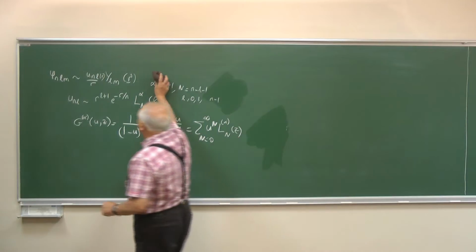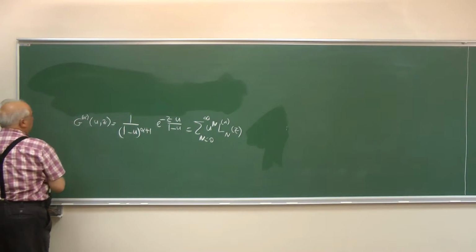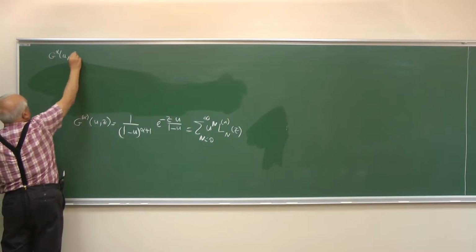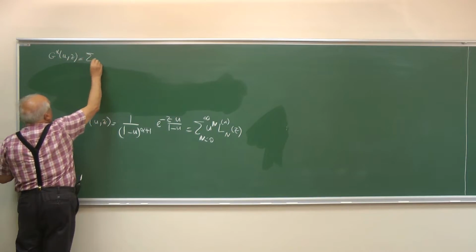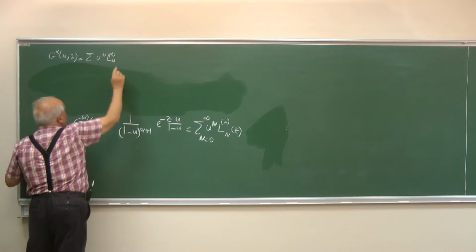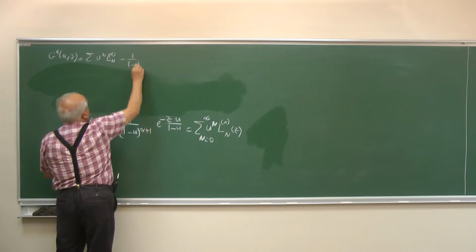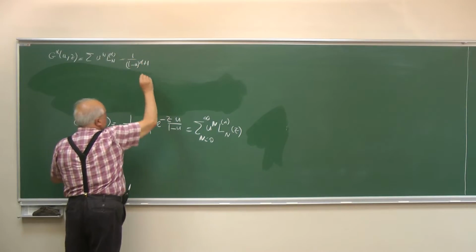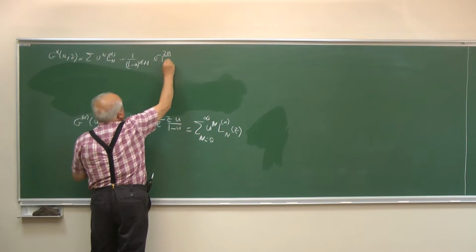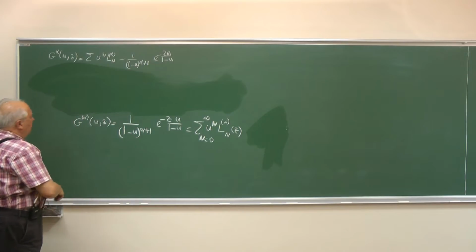So I'm erasing this, and I will write this to the top. G alpha u z, sum of u to the n. And I'm erasing this part.